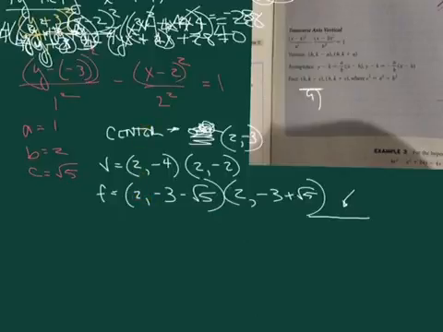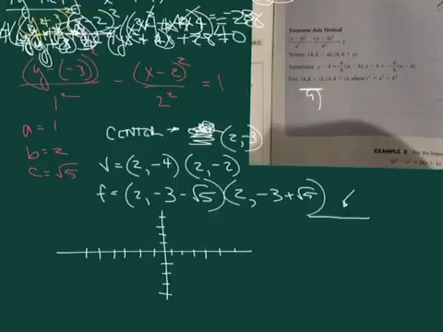Now it's asking us to graph. Alright, so let's go ahead and graph this. And I'm just going to put a small little graph here. Okay, so let's graph this.